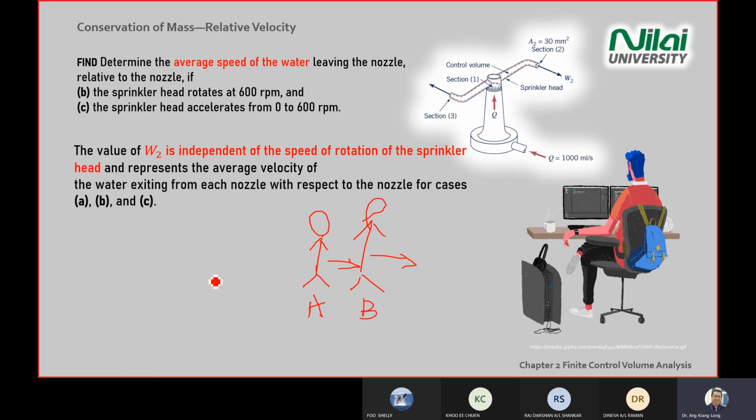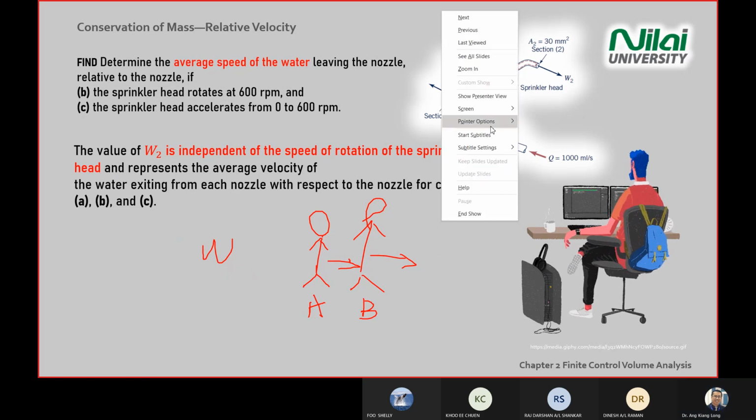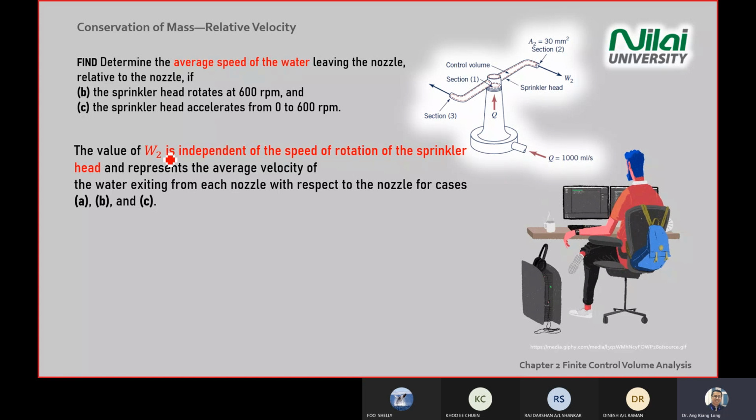if you talk about the relative, I use W as the relative. The relative speed between A and B will always be the same, no matter how far you stand. So back to the statement that you see on the screen here. Just take note, W relative is independent of the speed of rotation.